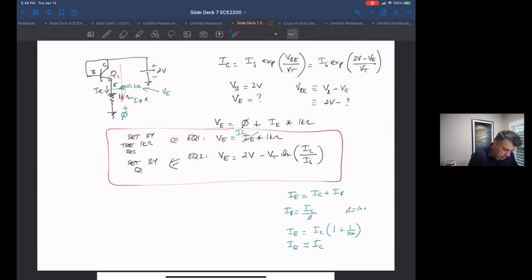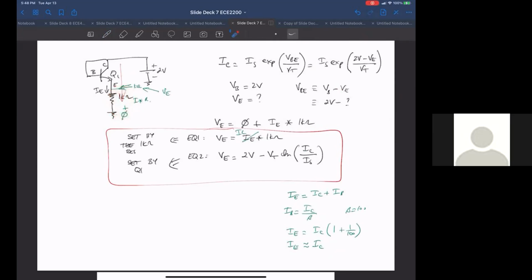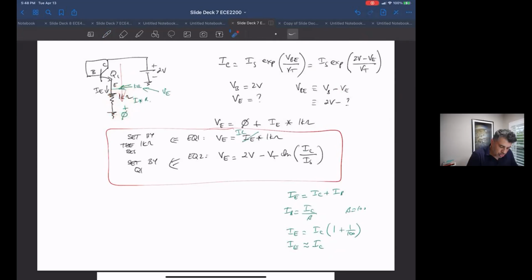So the KVL would be from ground going through this resistor back to ground. Okay, I see. Got it. So I wrote the 0 just to make it clear that we're going from ground plus the resistive drop across the resistor.